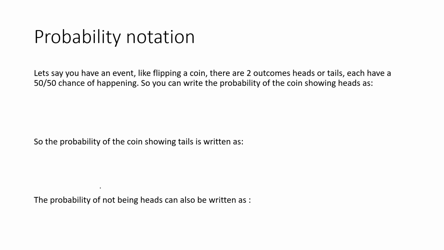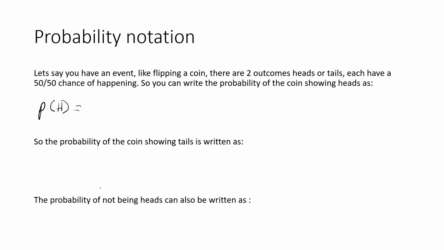Let's start off with a single and simple event, flipping a coin. There are only two possible outcomes, heads or tails, and both have an equal chance of happening. So, if you wanted to write the probability of heads, you would put P, probability of H, which means heads, or you could write heads there as well.